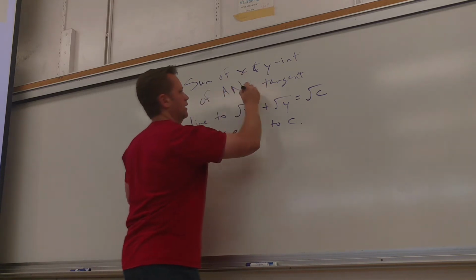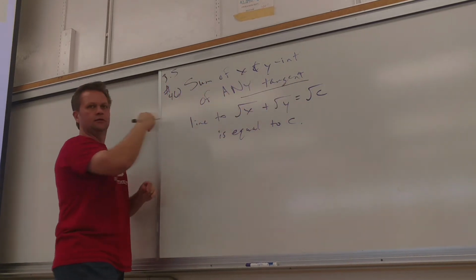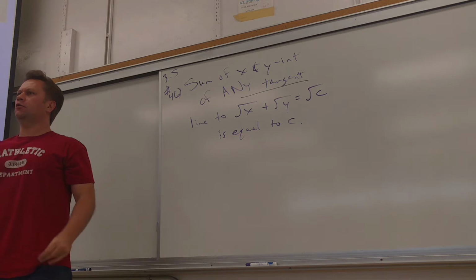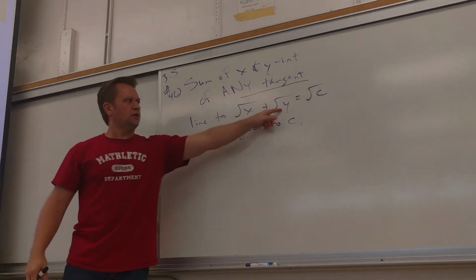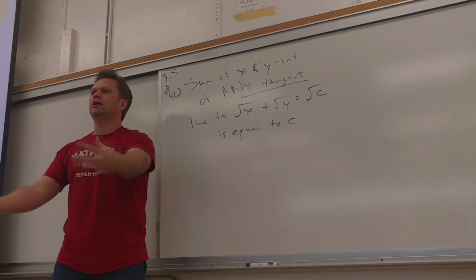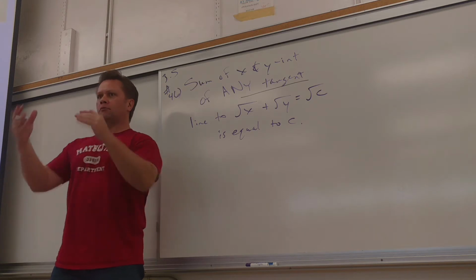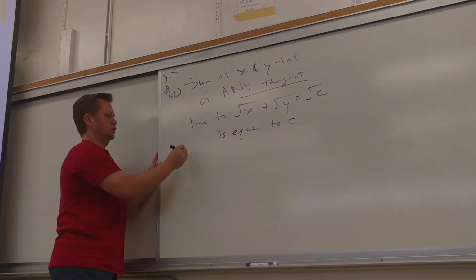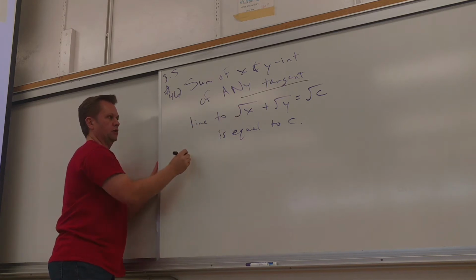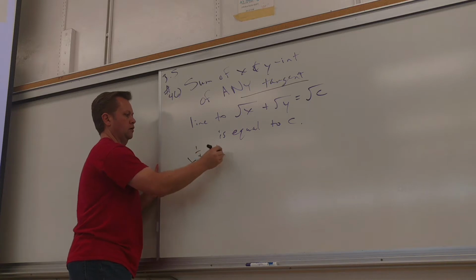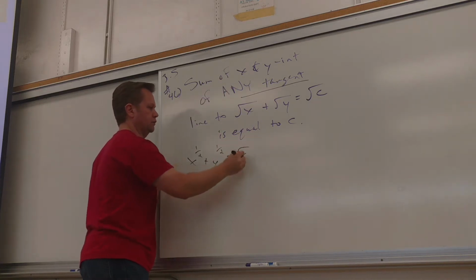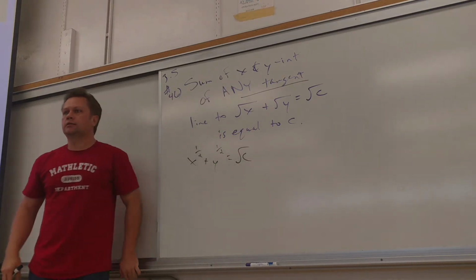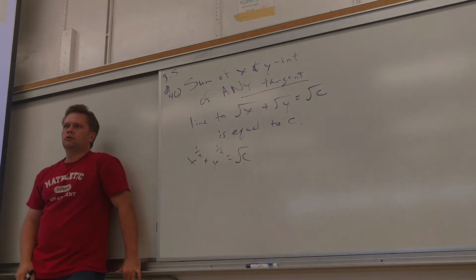So how do I find any tangent line to this? It's the same question as always. I have something that's written in a way that I have to use what kind of differentiation? Probably the title of the section this sits in, right? Implicit. I like it. So if I rewrite this to look a little better, what would it look like? Equals, who cares? I can leave that because the square root of C is what? Constant. Kick ass.